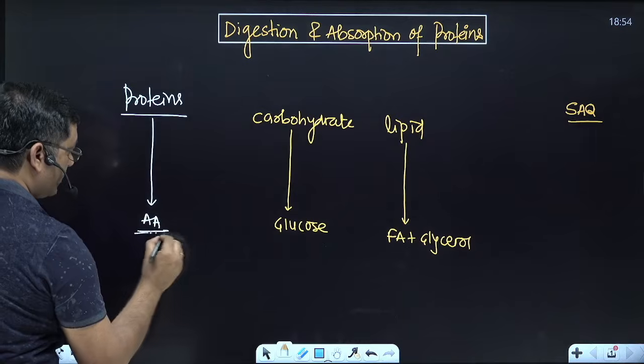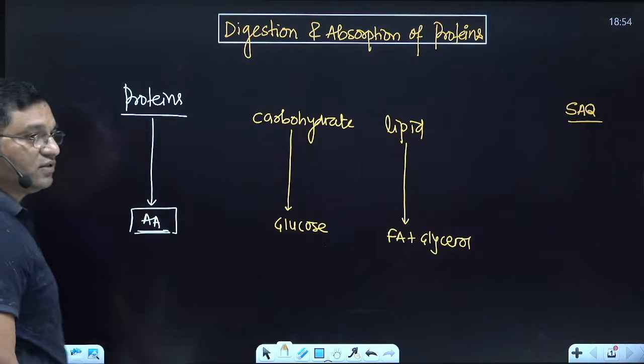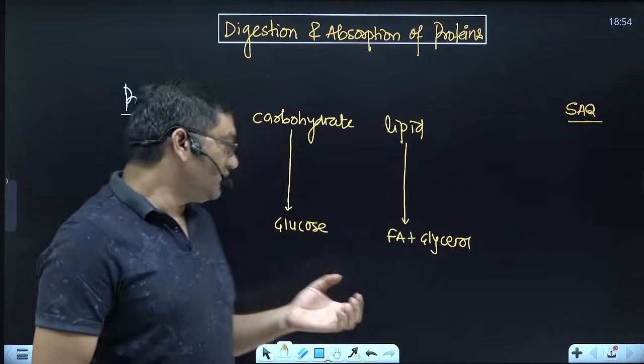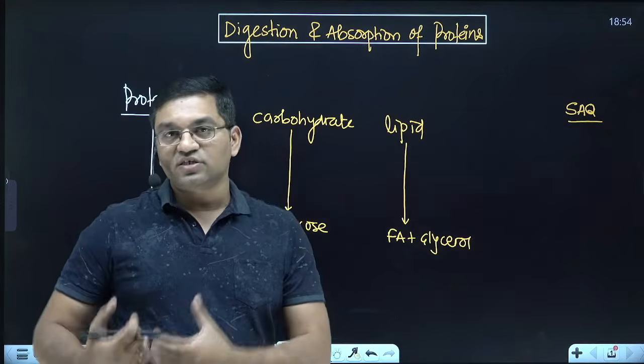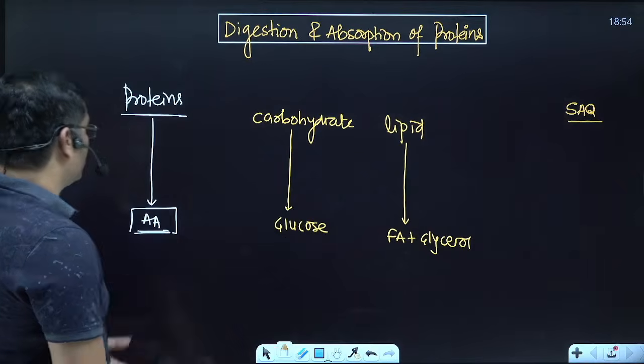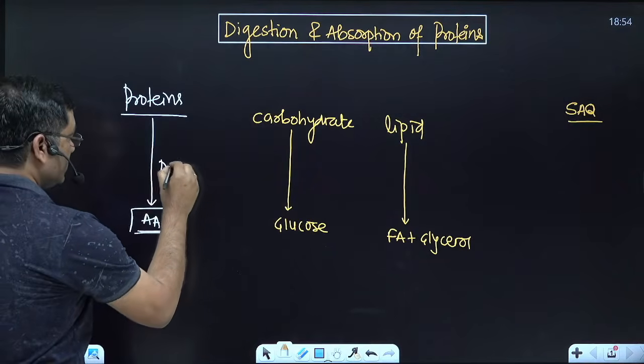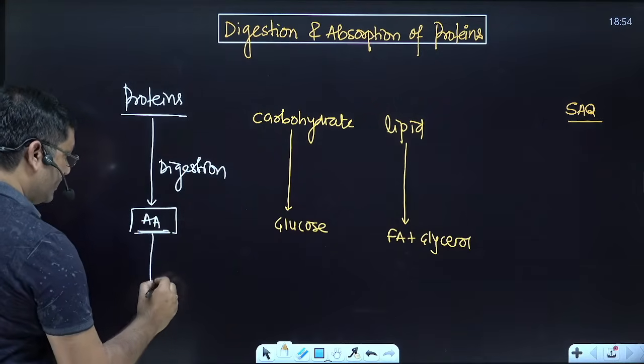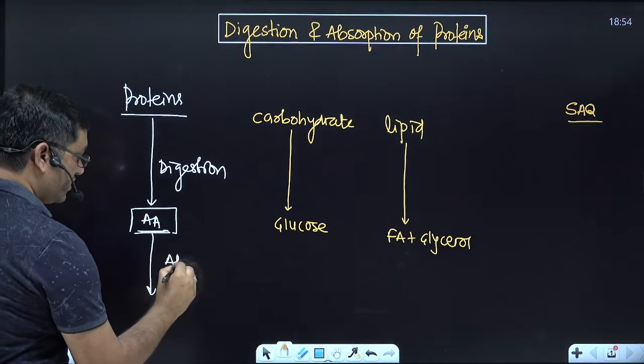This is known as digestion, and when these amino acids are taken up by the intestinal mucosal cell, it is known as absorption.